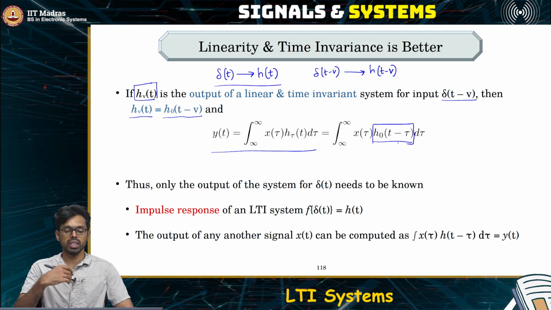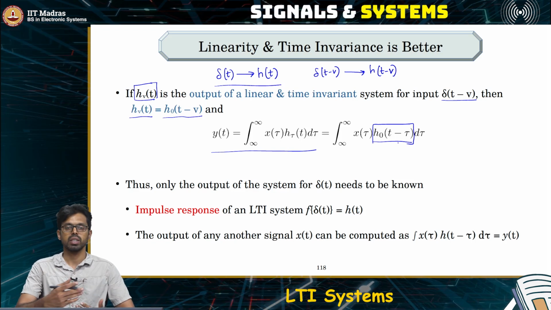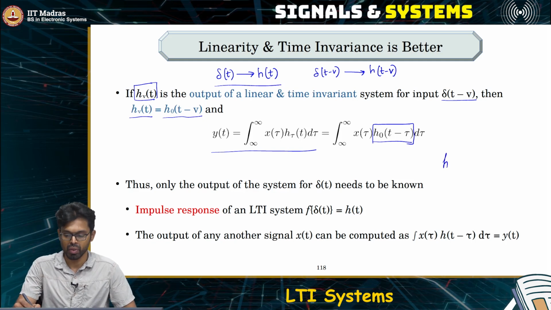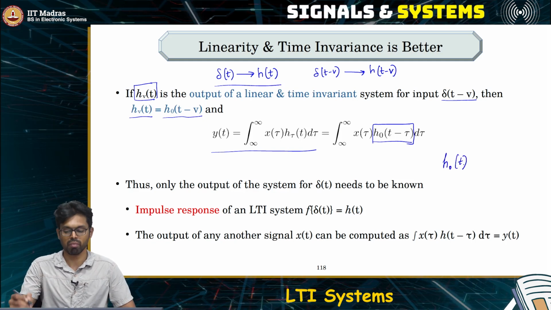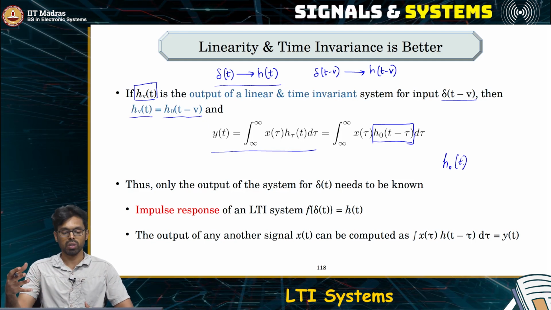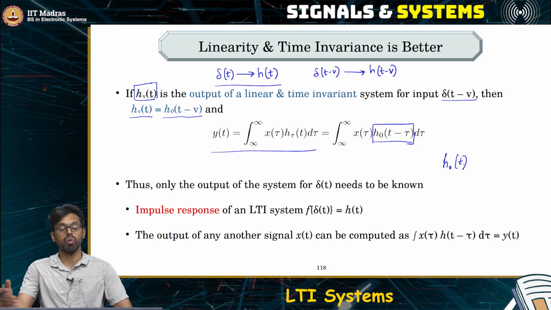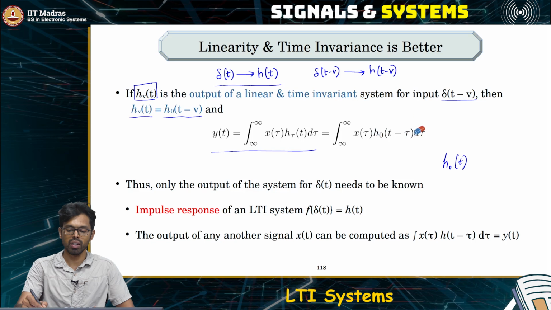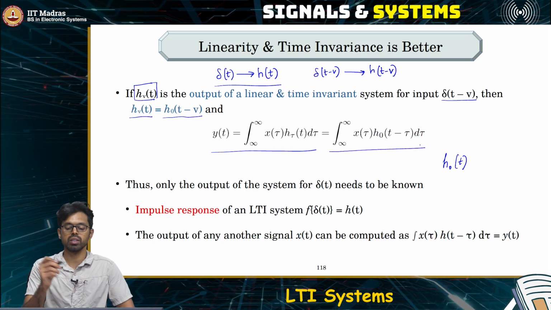So if you feed in the Dirac delta signal, which is the impulse, and observe the output and let that be some h naught of t, you can use that to compute the output of this linear time invariant system for any arbitrary input signal. And how do you do that? It is precisely using this expression.